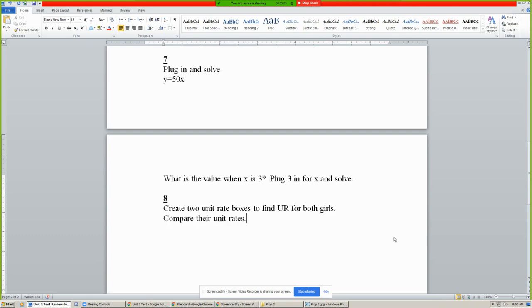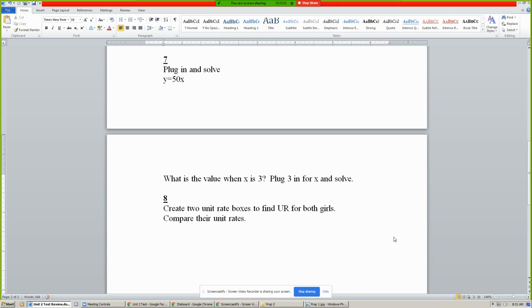For instance, if Sarah uses 50 cups of cheese that serves 50 people, her unit rate would be 1 cup per person. If Amy used 50 cups of cheese for 25 people, and you divided that down, her unit rate would be 2 cups per person. If I asked you how much more cheese is in one serving of Sarah's dish, and this would be backwards, you would subtract 2 from 1, and she has 1 more cup per person.